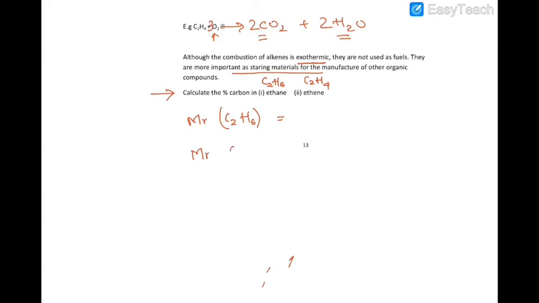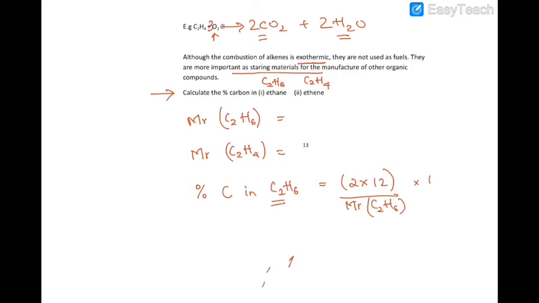Then you find the MR of ethene. Then the percentage carbon in ethane is going to be, so you have 2 carbons here, so 2 times 12, 2 times the AR of carbon, 2 times 12 divided by the MR of ethane times 100.